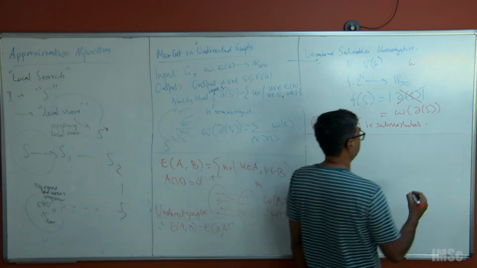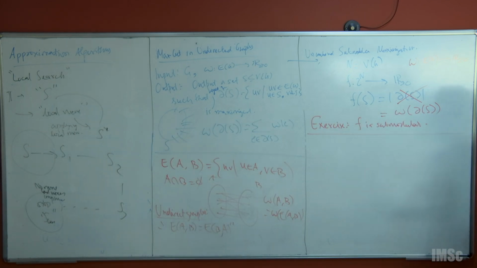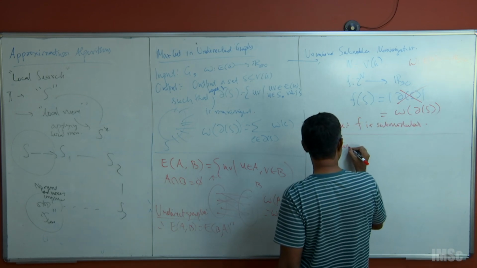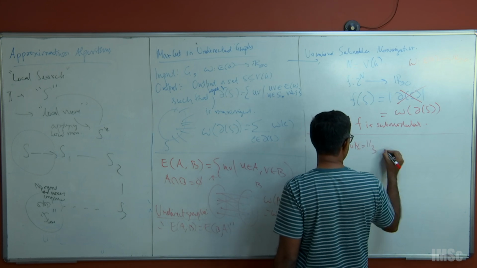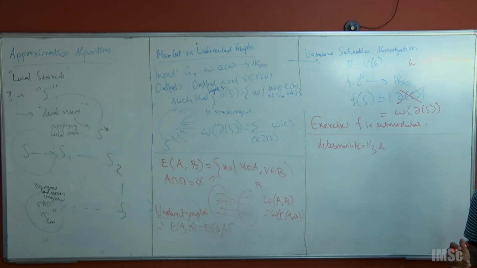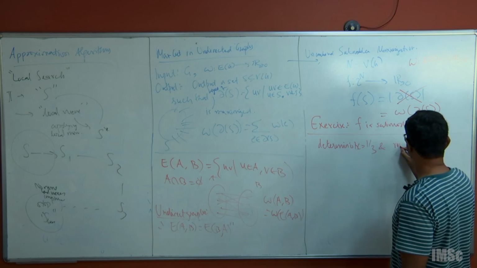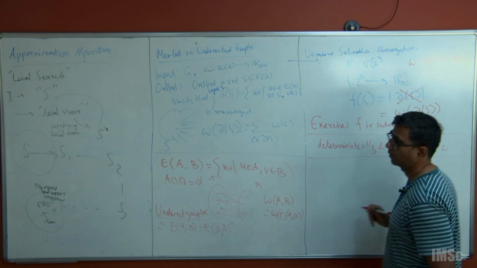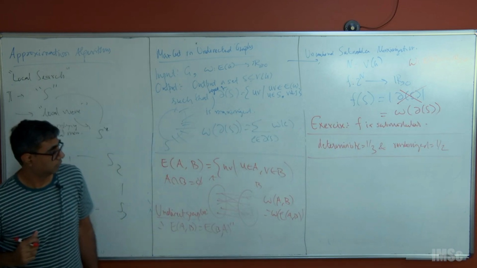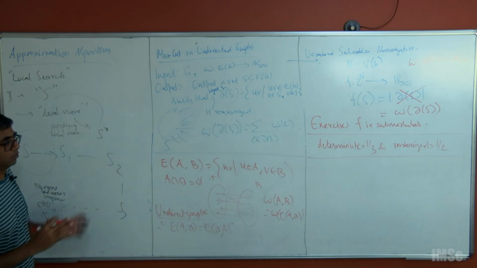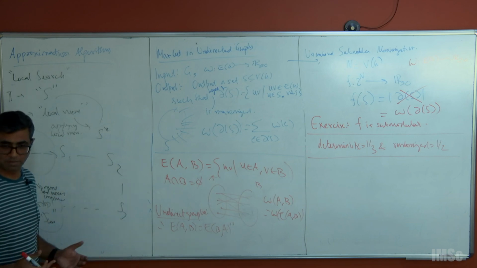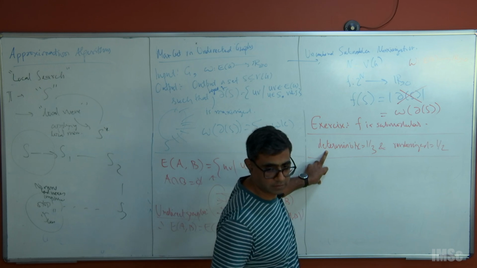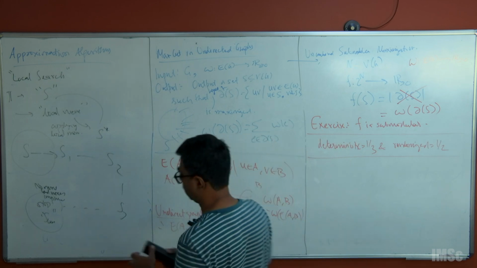So this will imply a deterministic 1/3 and a randomized half. Is that fine? So just by using my submodular maximization as a black box, I get this algorithm. Is that fine?